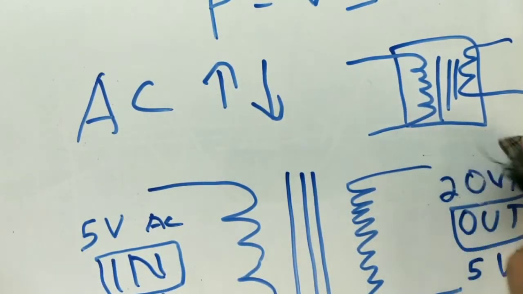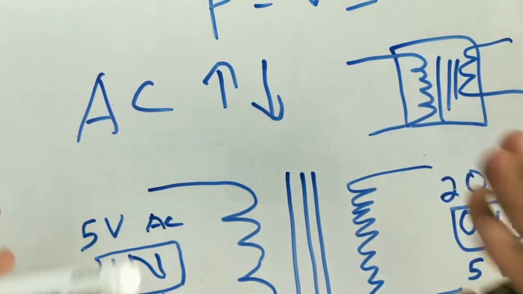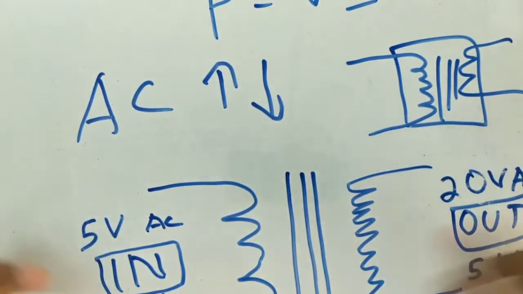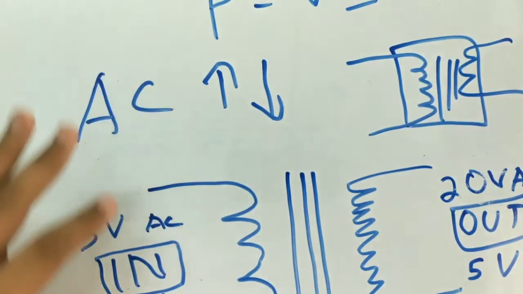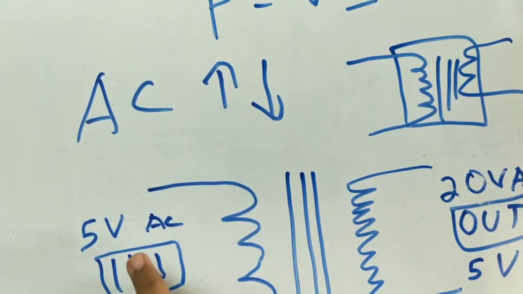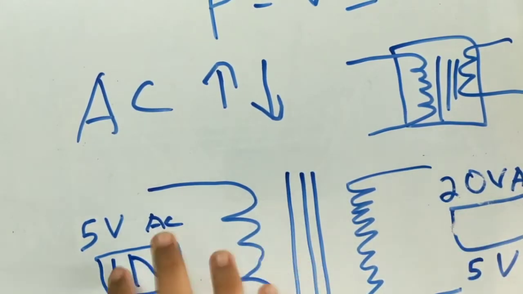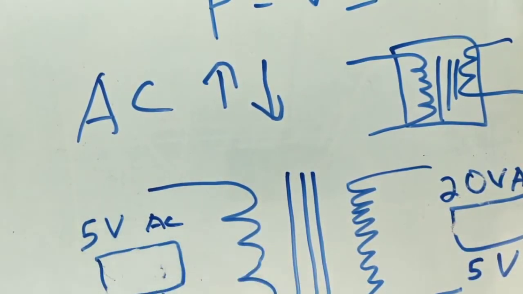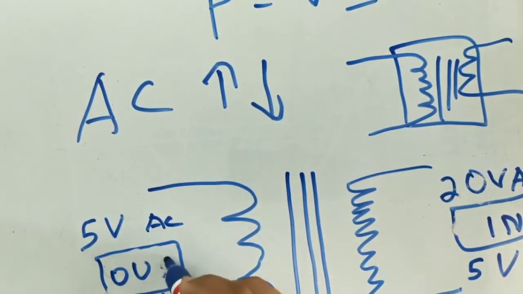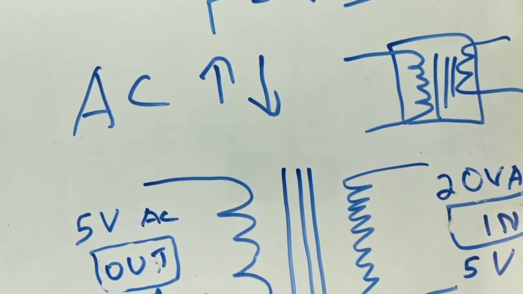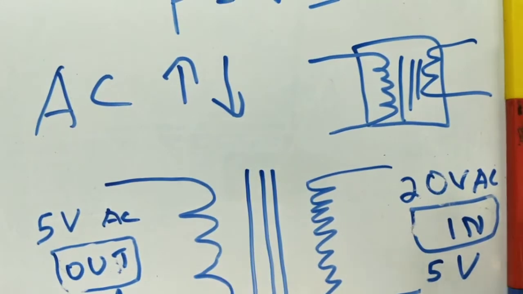And the main reason why we use AC in our power line is because AC could be stepped up like this, or just reverse it. If we change here and write in and out, then this becomes a step down transformer. I hope you could understand what I mean.